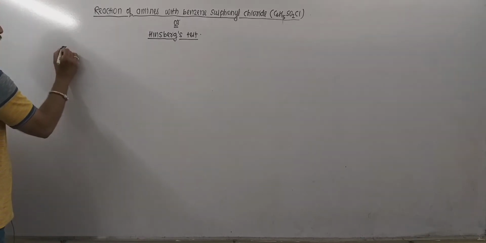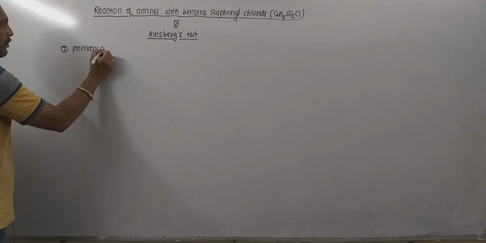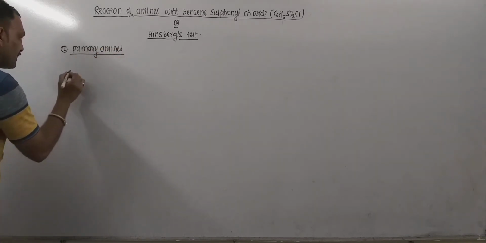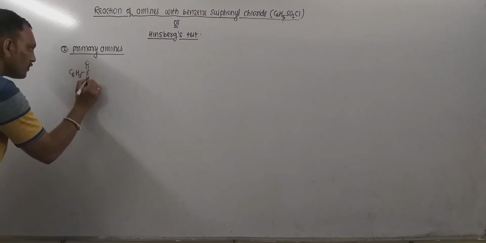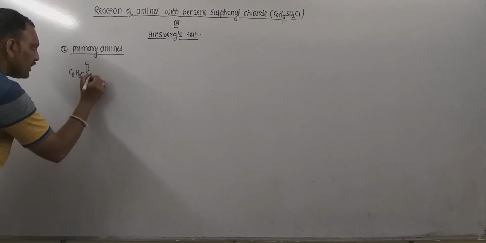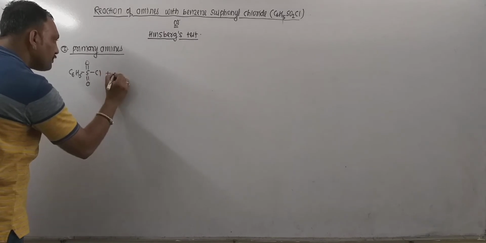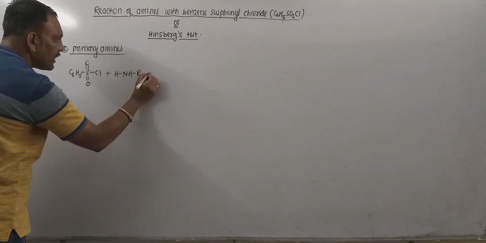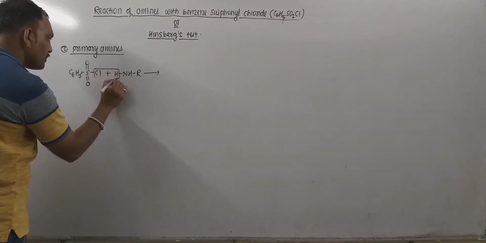So first of all, primary amines. Now let's see how primary amines react with Hinsberg's reagent. Hinsberg's reagent, that is C6H5SO2Cl, benzene sulfonyl chloride, when treated with primary amine, what happens?